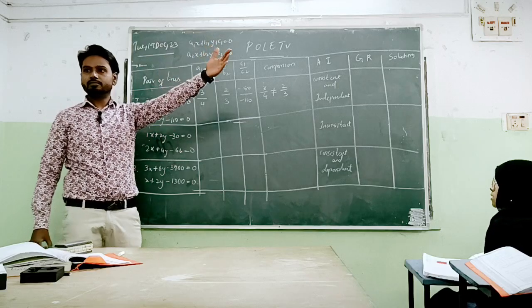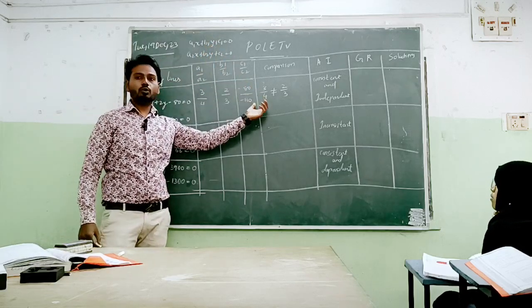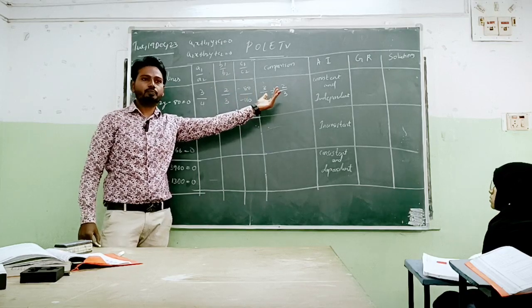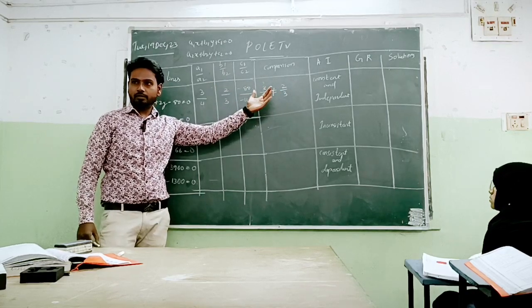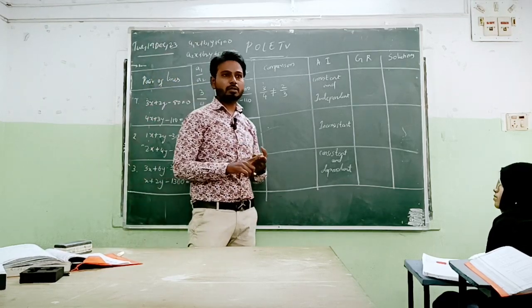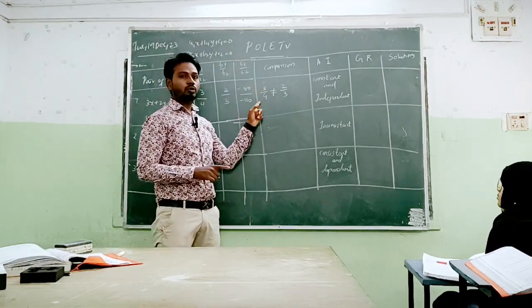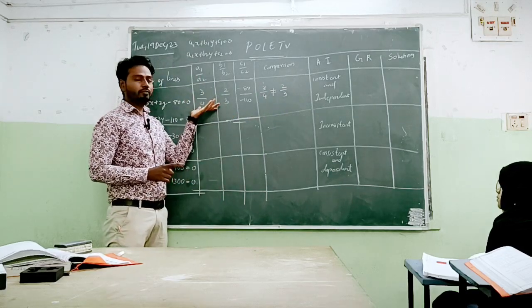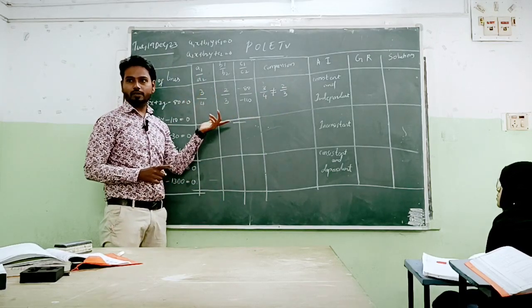Don't go for c. If a1 by a2 and b1 by b2 are equal, then you check c1 by c2. Is that clear? Our first aim is to check a1 by a2 and b1 by b2. They are not equal, they are different.